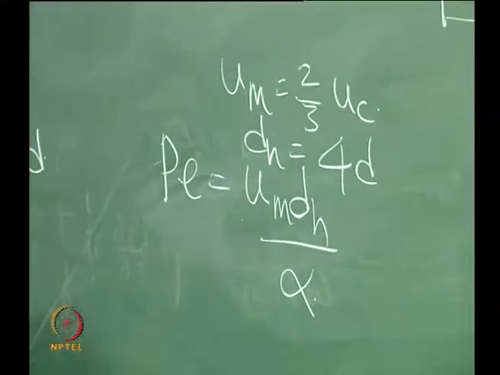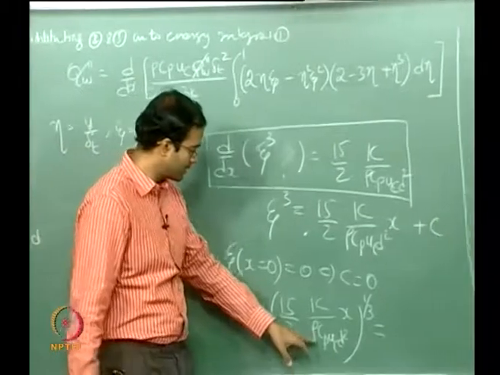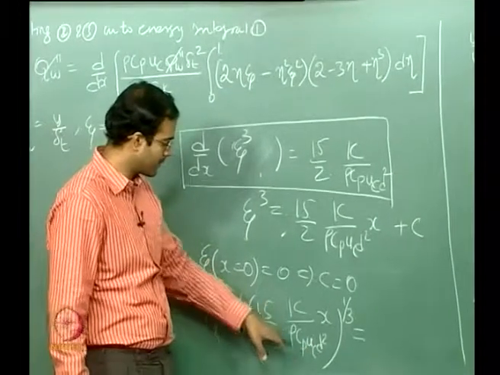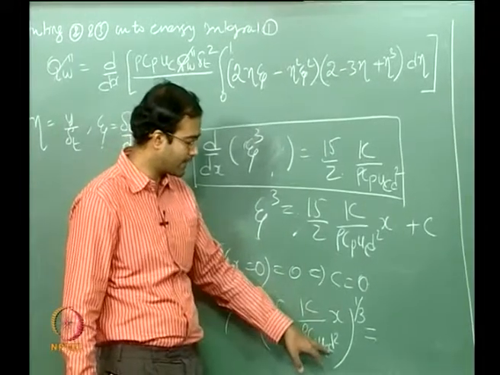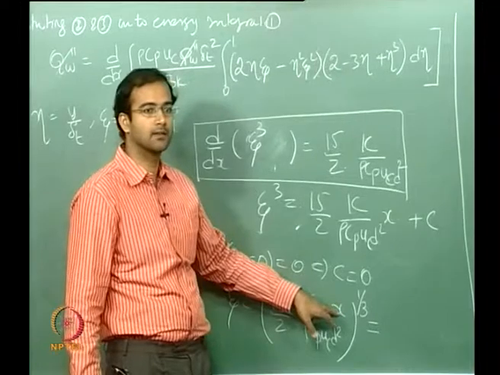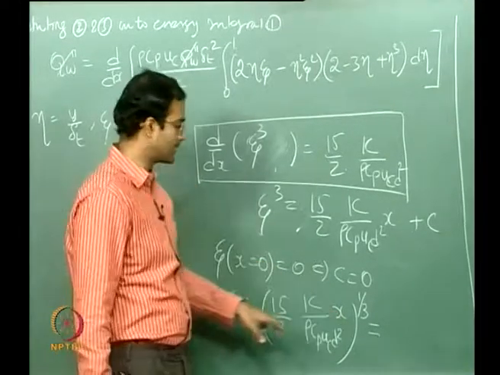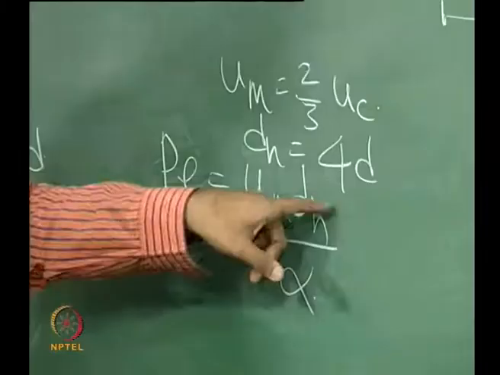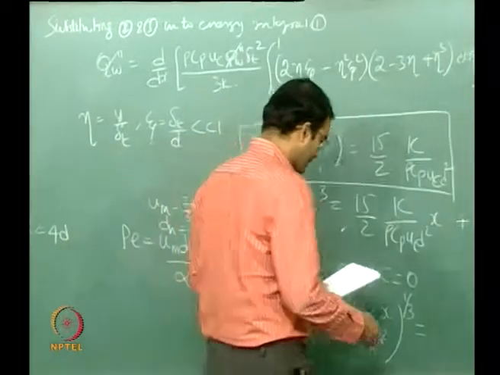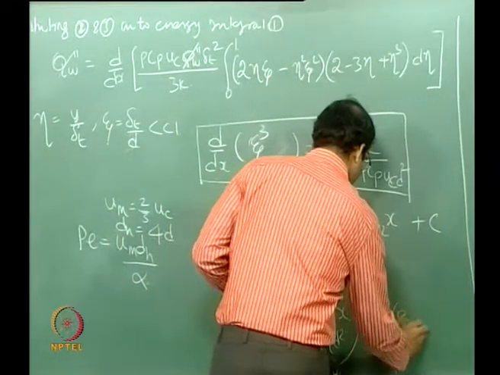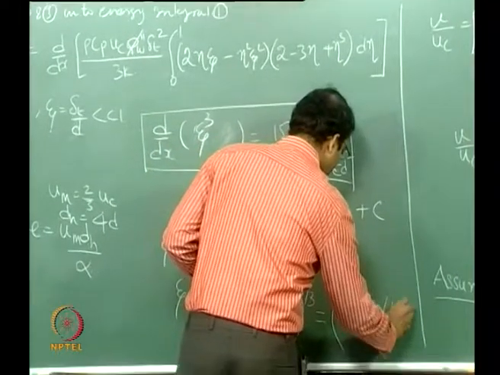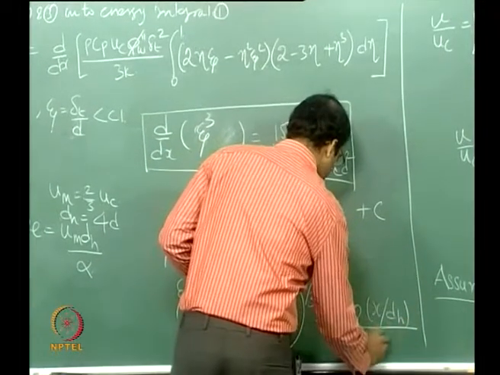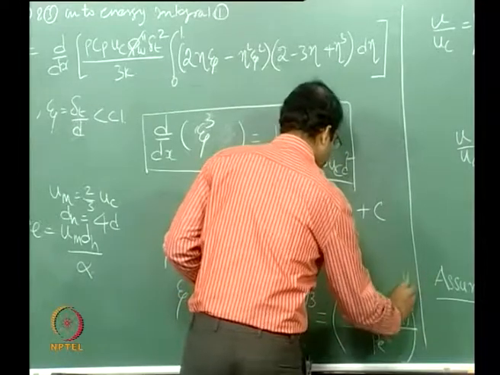So I have um d by alpha, that is my Peclet number, and I have another d which I can write as x by d. Of course I have these multiplication factors which come out. So finally this will come out as 80, the multiplication factors, x by dh by Peclet number, the whole power 1/3.